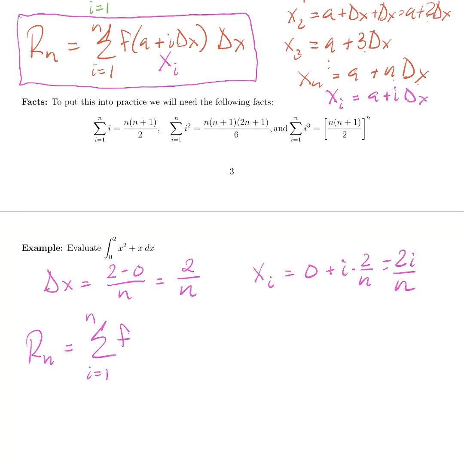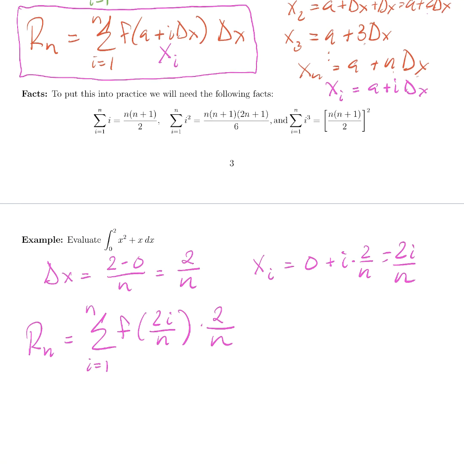So that's 0 plus i times delta x, was f of 2i over n times delta x, which was 2 over n. Okay, so a was 0, i is our index, delta x is 2 over n, so there's a plus i delta x going into the function, multiplying by delta x.